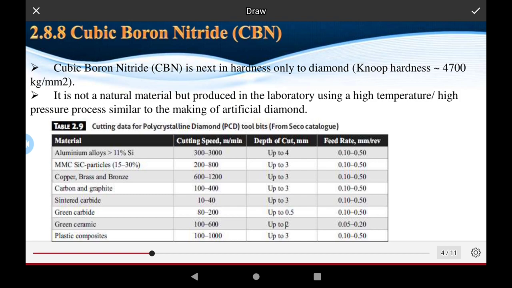The feed rate is 0.10 to 0.50 mm per revolution.